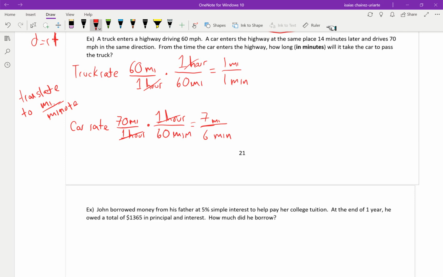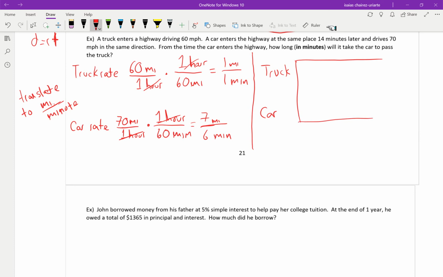Okay, so now I'm going to organize my information even further. I'm going to say here truck, and car. I'm going to make a little table here that's going to help me organize everything.